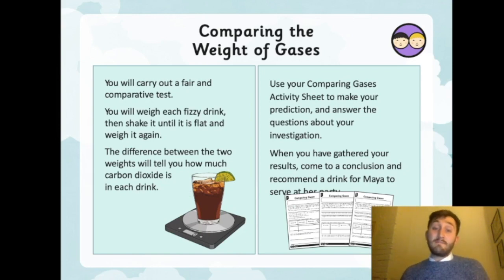You could do this with as many different ones as you can, and maybe change up how long you shake it for. Maybe you could shake it for 2 seconds and see how much goes. Shake it for 30 seconds and see how much goes. And then when you've gathered your results, come to a conclusion.